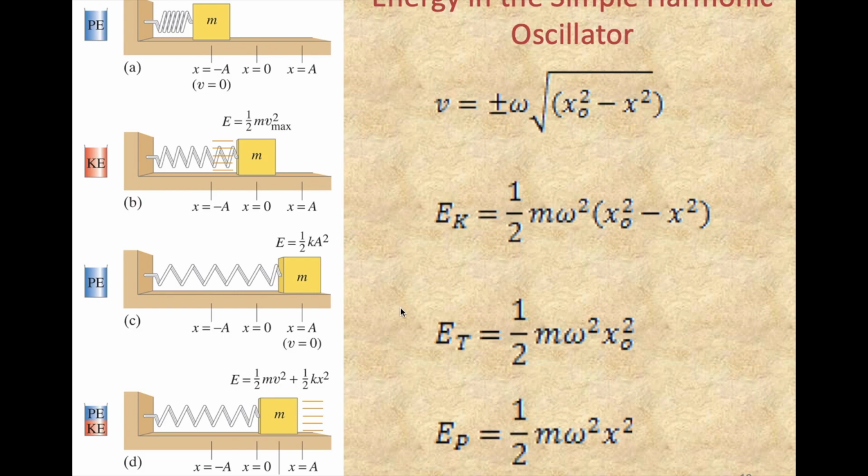Well, where is the kinetic energy maximum? Let's try to find a relationship for the total energy of simple harmonic motion. Take a moment to remember at which position kinetic energy is maximum. At x equals 0. Now substitute 0 for the position in this function.